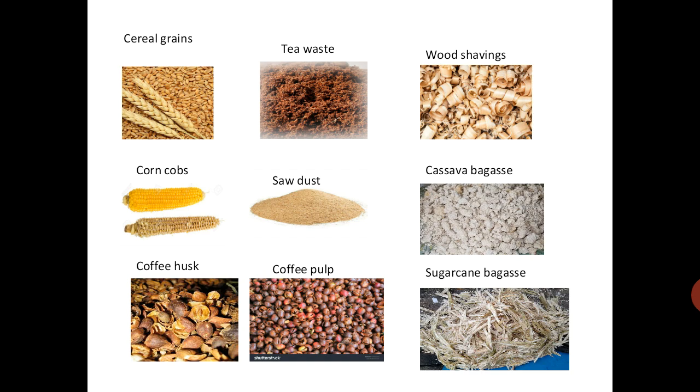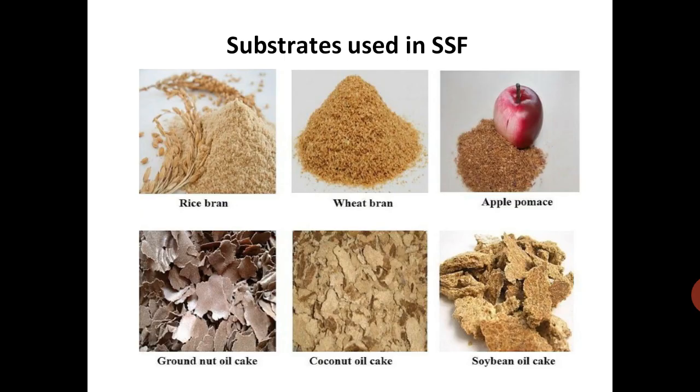Cassava bagasse is the waste material left after the extraction of starch from cassava or tapioca. Sugarcane bagasse is the waste material remaining after the extraction of sugar juice, and apple pomace is nothing but the solid waste remaining after the extraction of juice from apples.